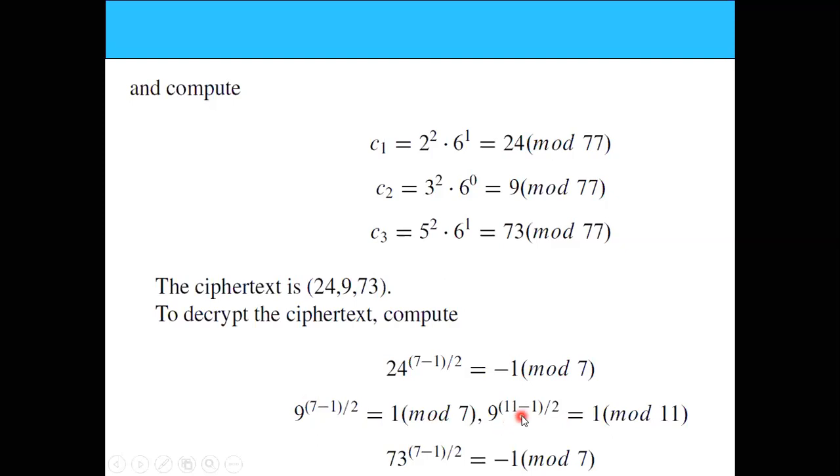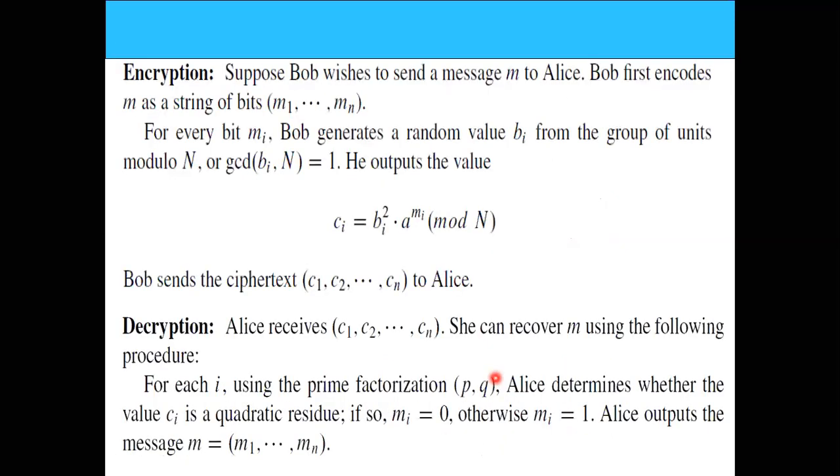Similarly, 73 to the power (7 minus 1) divided by 2 equals minus 1. As I told you, we determine whether Ci is a quadratic residue. If it is a quadratic residue, Mi will be 0. If Ci is not a quadratic residue, Mi will be 1.